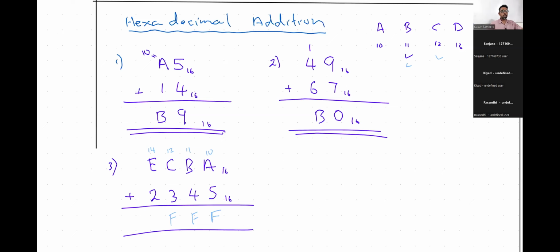Can you represent 16? No. You have to take 16 as well. Remains 0. When you take 16 to the next position, it will become 1. This is the answer. Got it?